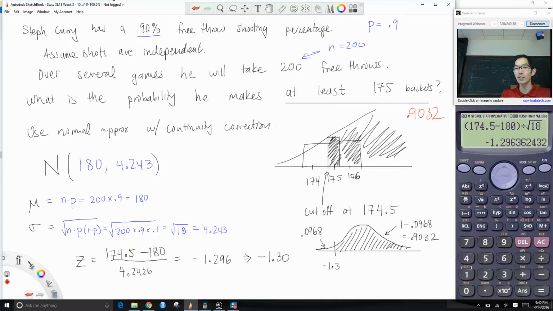The lower end is also 0. He can make 0 out of 200 shots, or 200 out of 200, but the probability of making all 200 free throws is incredibly small. The probability that he'll miss all 200 or even come close is also incredibly small. So the part that actually has any area can be approximated with the normal distribution. Again, this is an approximation anyway. Is this okay?